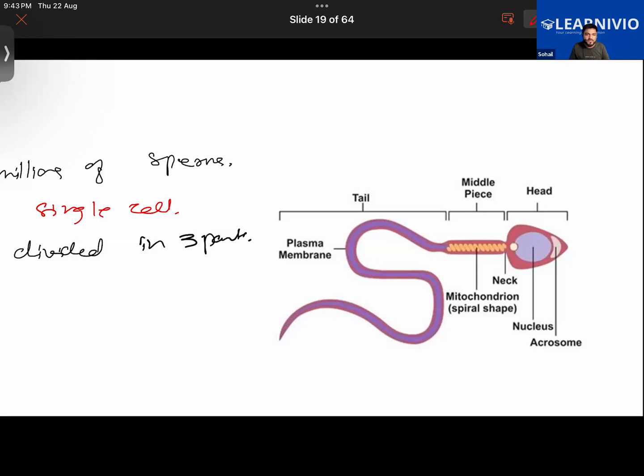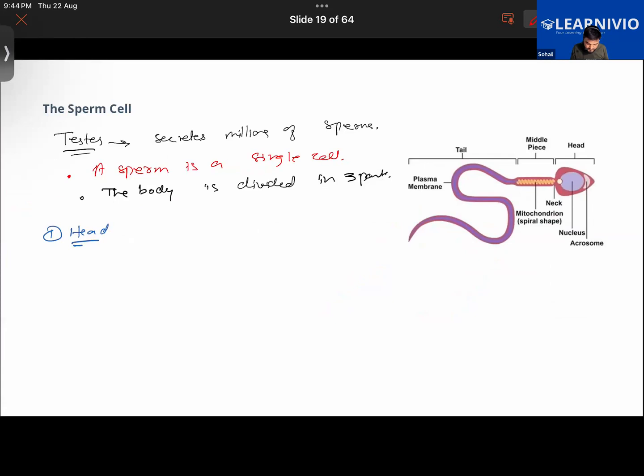DNA basically has all the necessary information of the male parent.